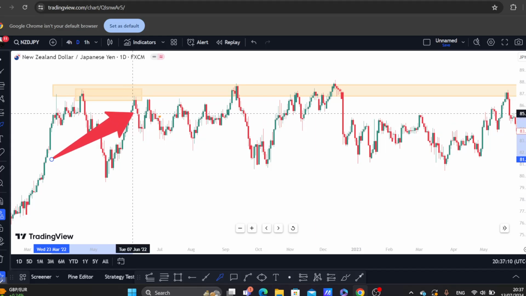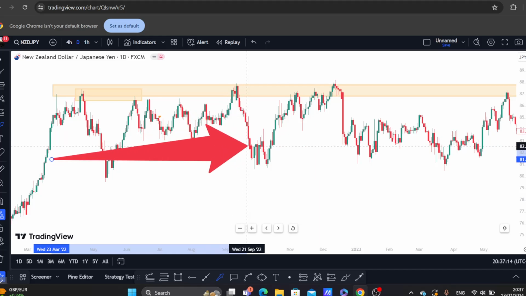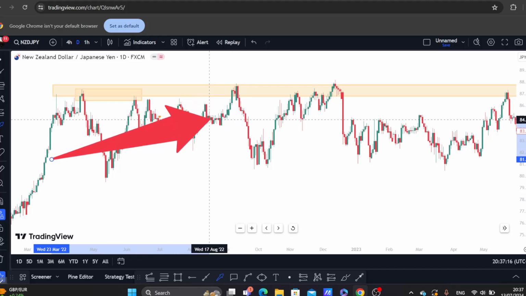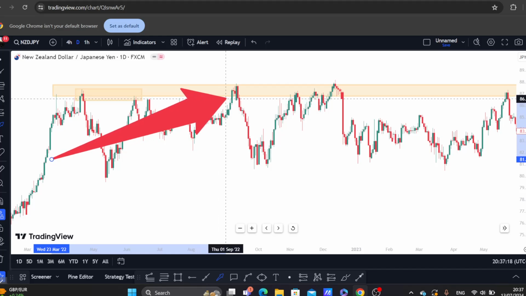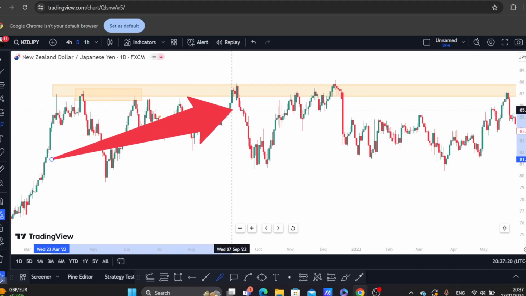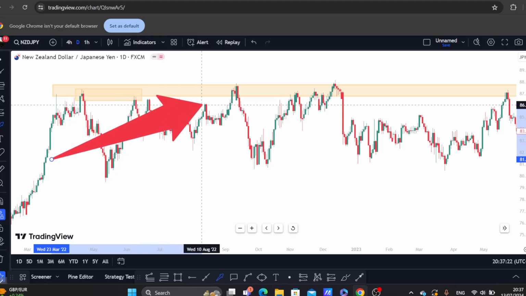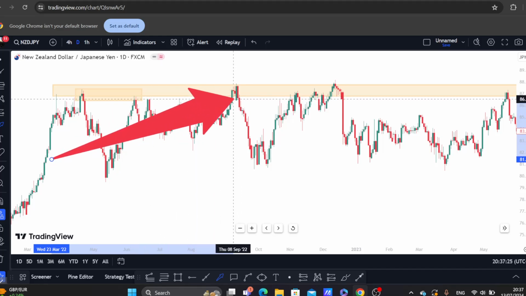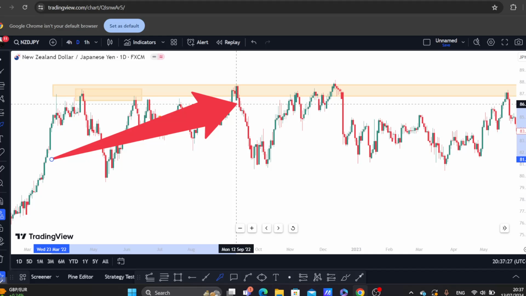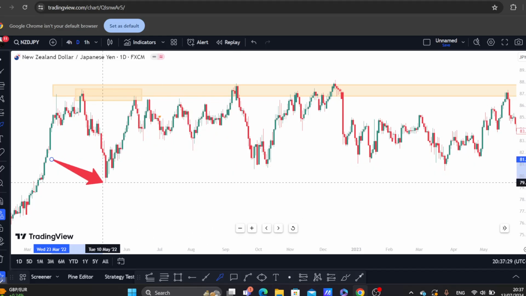Because this is a daily candle, I'm not sure you'll be holding your trade for months. So I'm sure you've either gone break even, or you've taken partial profits, because your target most likely is right there.